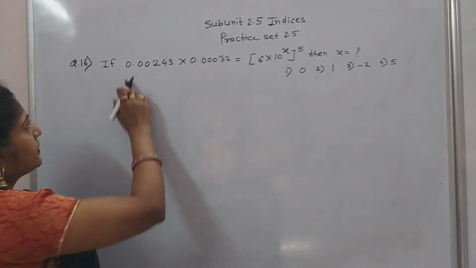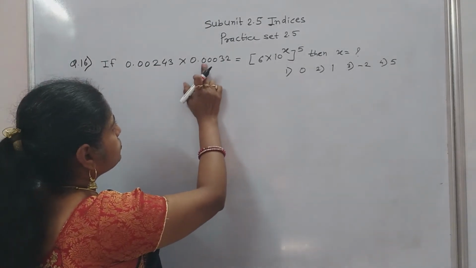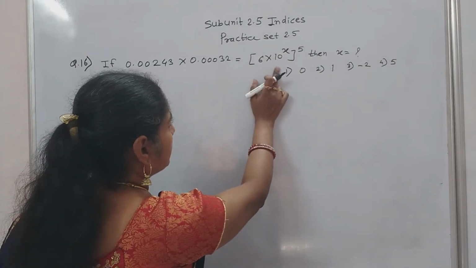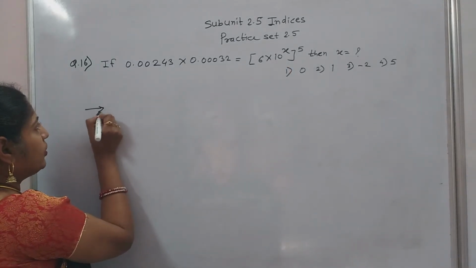Next question: 0.00243 into 0.00032 equal to 6 into 10 raised to x, raised to 5. Now we have to find the value of x.